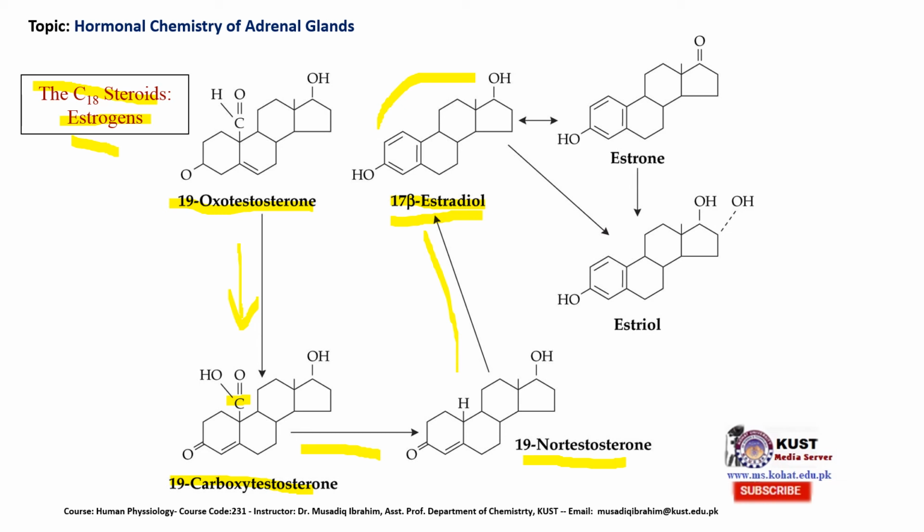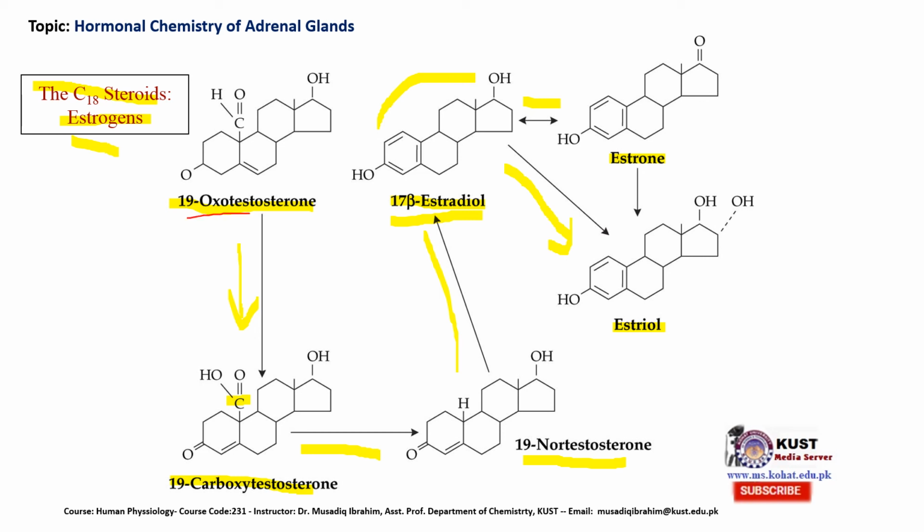Now 17-beta estradiol can be converted into estriol, which also has 18 carbon atoms, and there is an interconversion of 17-beta estradiol into estrone, and estrone also contains 18 carbon atoms.